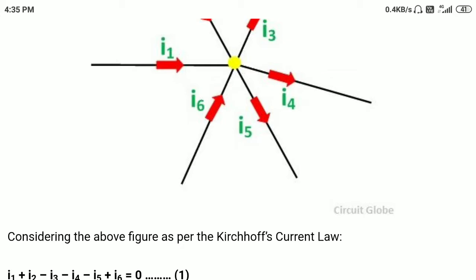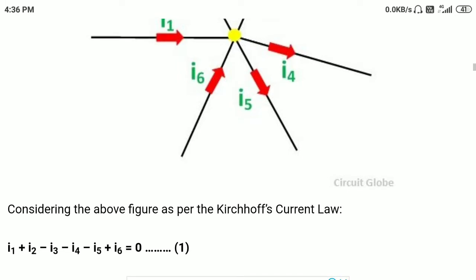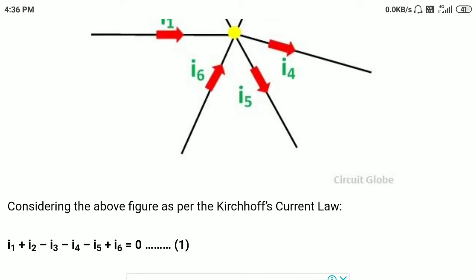I2 is entering, so it is positive. I3 is leaving from the node, so it is negative. I4 is leaving, negative, and I5 is leaving, negative. I6 is entering the node, so it is positive. So I1 plus I2 minus I3 minus I4 minus I5 plus I6 is equal to 0.